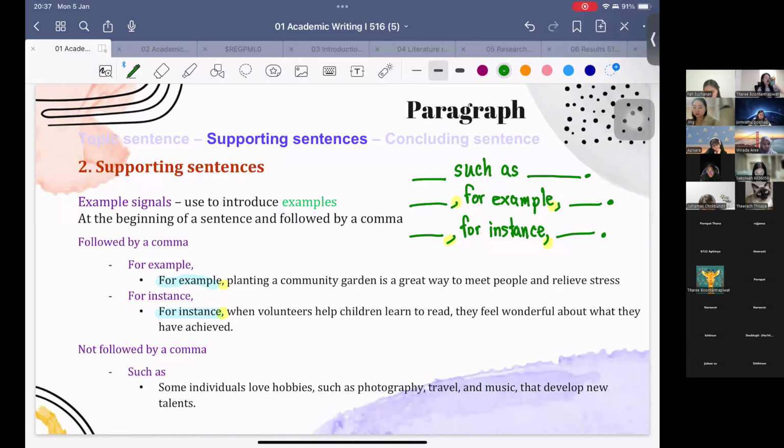Another method is to add the example into the sentence. If you integrate the examples in the sentence, you can go with words such as, for example, for instance. Some people provide a comma before the word such as, some people don't.